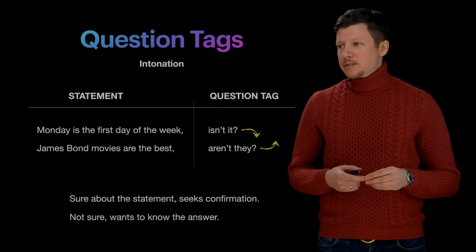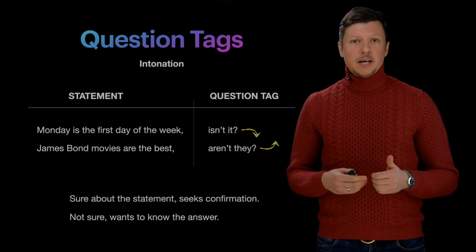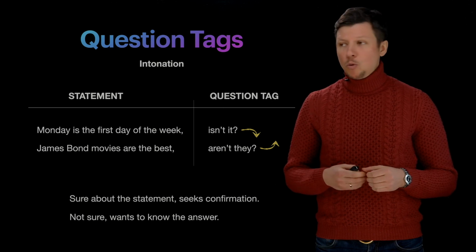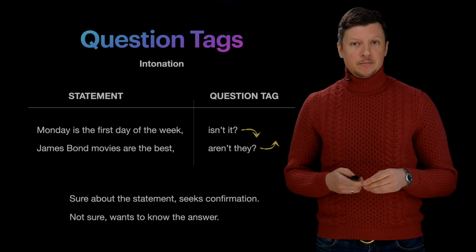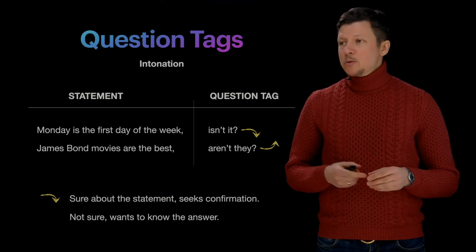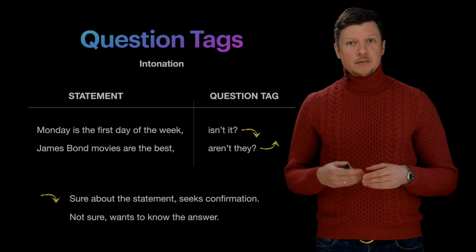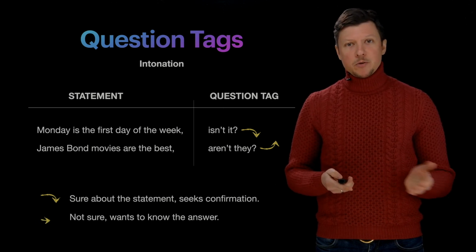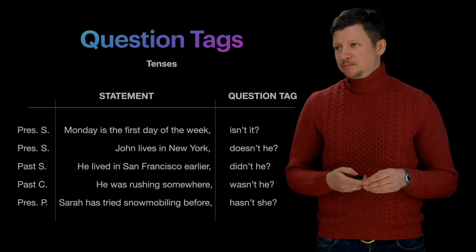Which one do you think is used when I'm sure about the statement and I'm seeking confirmation? Or when I'm not sure about the statement and I want to know the answer? We use the downwards tone when we are sure and we just want to get a confirmation. And we use the upwards tone when we want to know the answer.